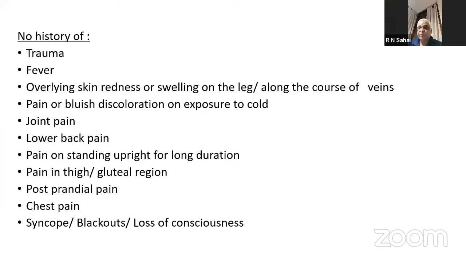Okay, which is the main artery of the leg? From popliteal, and then it will divide into anterior tibial, posterior tibial, and peroneal. So, of the three, which is most important? Sir, anterior tibial. No, it's the posterior tibial, right?